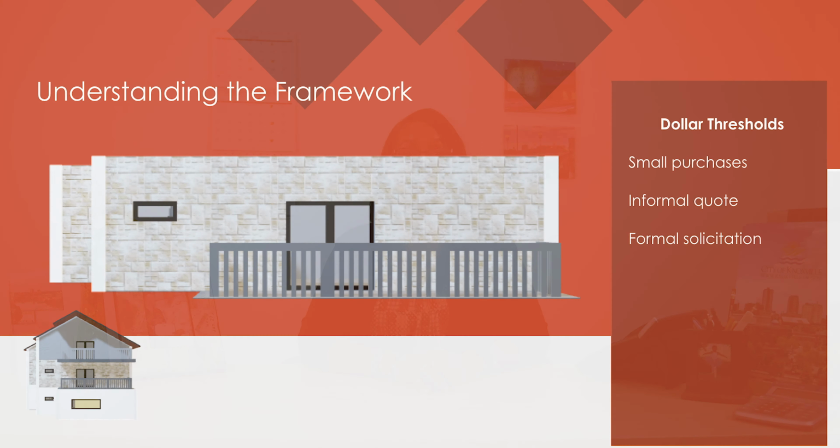Next, you'll need to understand the agency's dollar thresholds for requiring competition. Most governments have 3 levels of threshold. The dollar amount assigned to each threshold varies from agency to agency. The lowest dollar threshold may be referred to as a small purchase threshold.